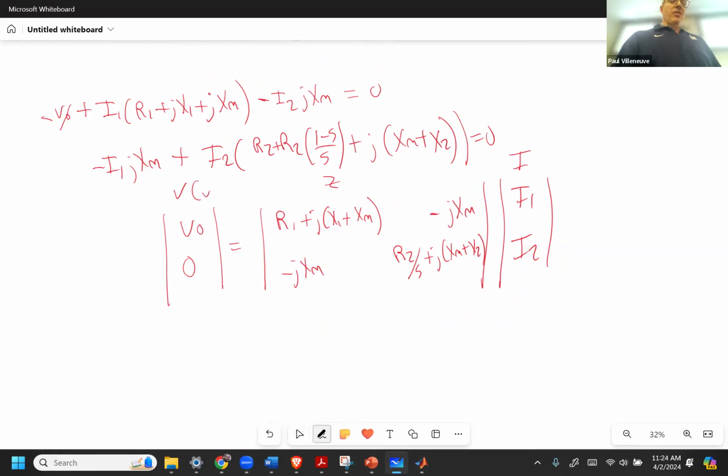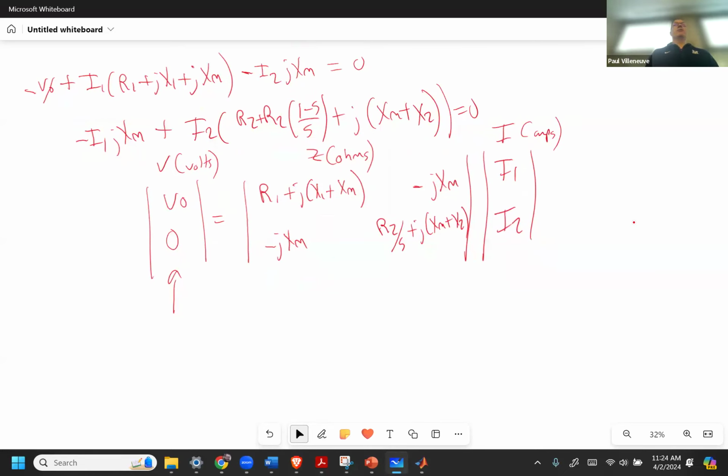My V matrix is in volts. My impedance matrix is in ohms. And my current matrix is in amps. But I already know what these are. I know what the voltages are. These are the knowns. This is the unknown. So I want to solve for I1 and I2, which means I have to do a little bit of algebra.